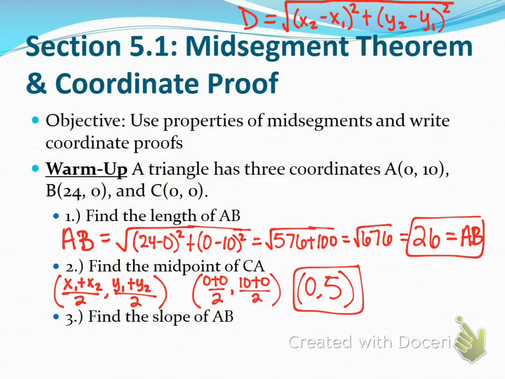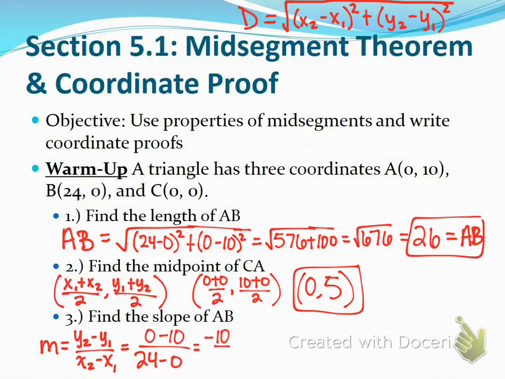Finally, we are asked for the slope of segment AB. Who remembers how to find slope? Good. y2 minus y1 over x2 minus x1. So if I'm finding the slope of AB, what's going in my numerator? 0 minus 10 over 24 minus 0.